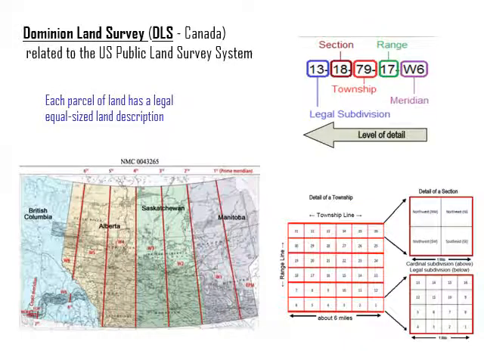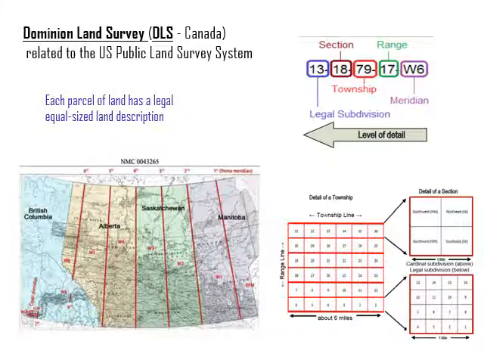So now I'll give two examples of Canadian local grid systems. First, at the larger scale, the Dominion Land Survey System. In any land survey system, the ultimate goal is usually to have land parcels of equal size, given a legal land description so that you can talk about ownership and buying and selling.